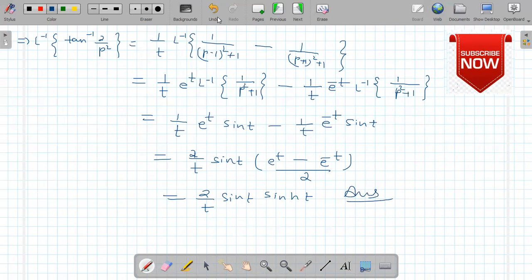You can try this question that I'm going to give you. Just try it by yourself. Find Laplace inverse of log of (p plus a) over (p plus b). Its answer is, maybe the answer is wrong because it is from the books.